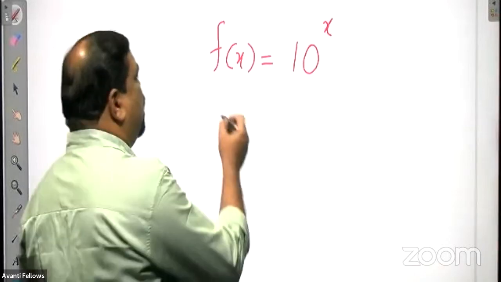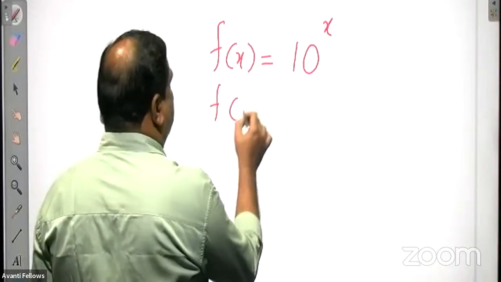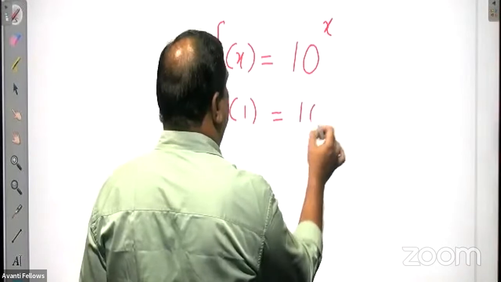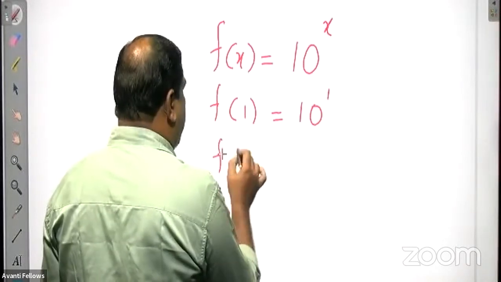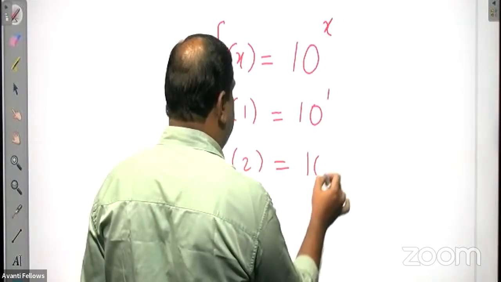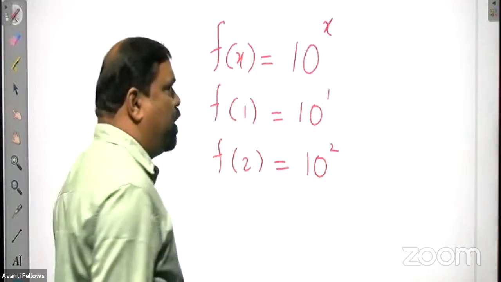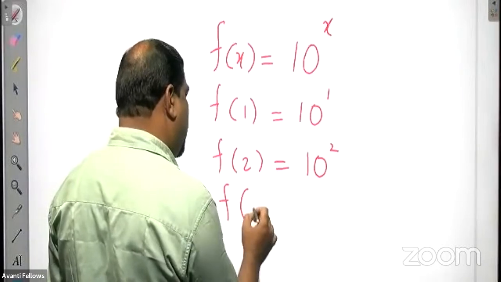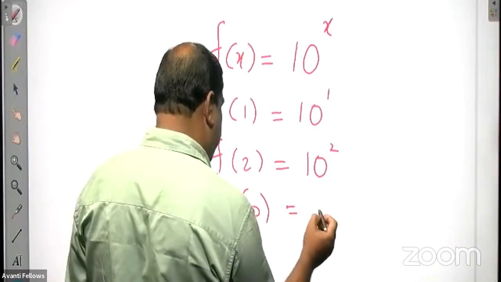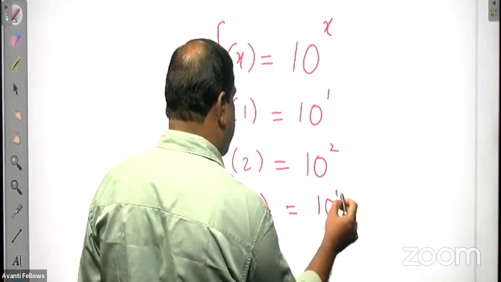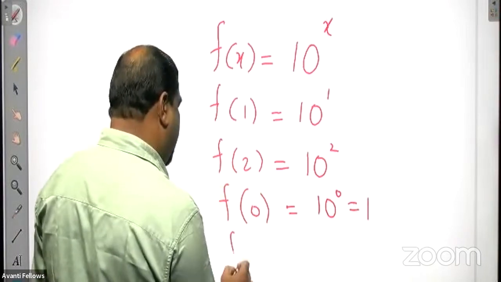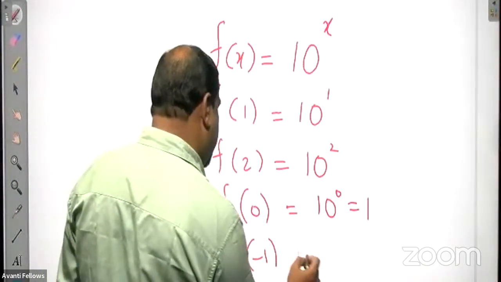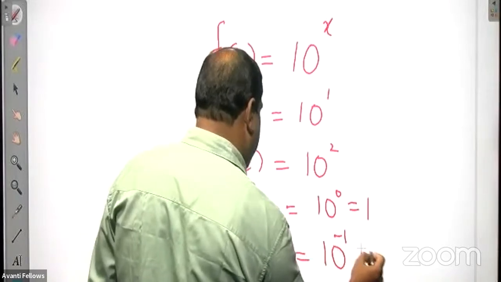If I put different values for x, f of 1 means 10 power 1, f of 2 means 10 squared. f of 0 means 10 power 0, that is 1, and f of negative 1 means 10 raised to negative 1, that is 1 by 10.